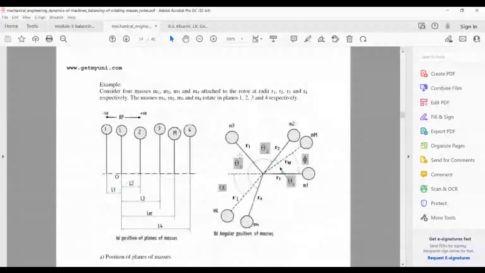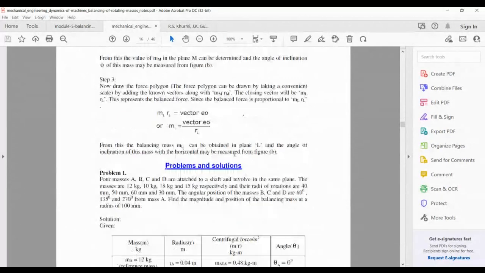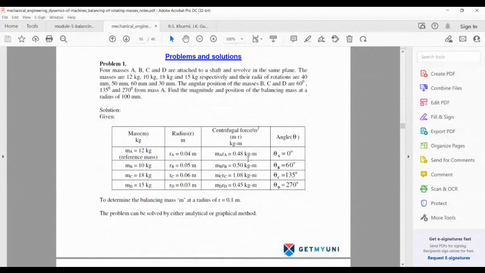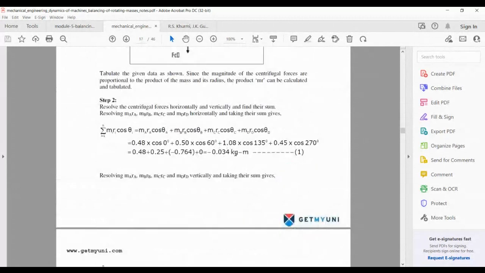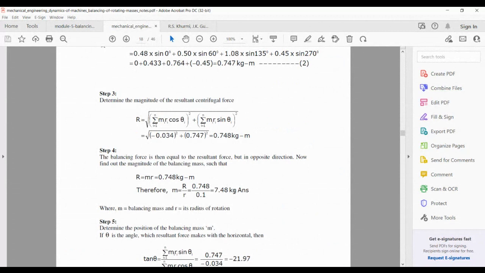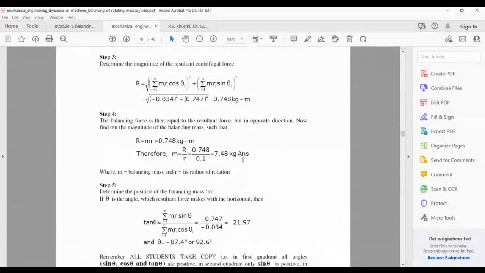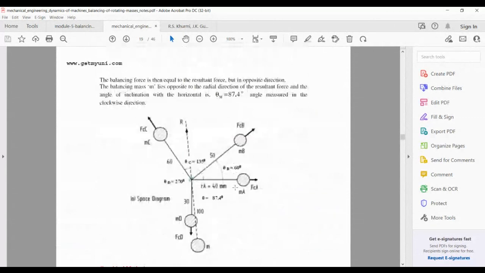Okay, so for that particular problem, that is problem one. If you've solved it, that is your MR cos θ = 0.034, MR sin θ = 0.74 kilogram meter. That was your resultant. Your mass was 7.48 kilograms, and your angle was basically 92.6 degrees. So you've done this fantastic.